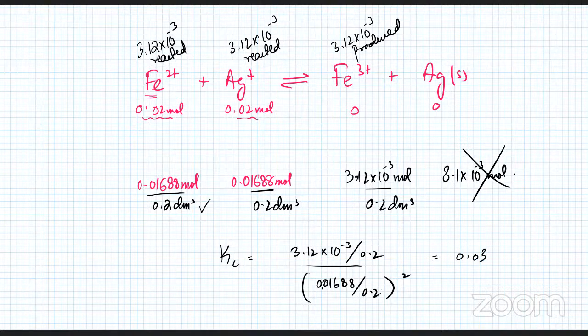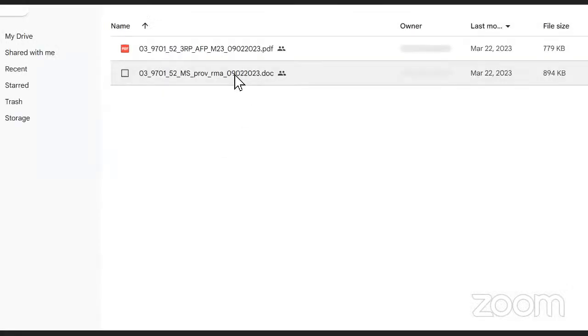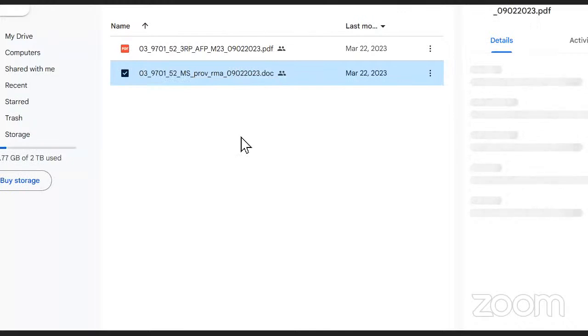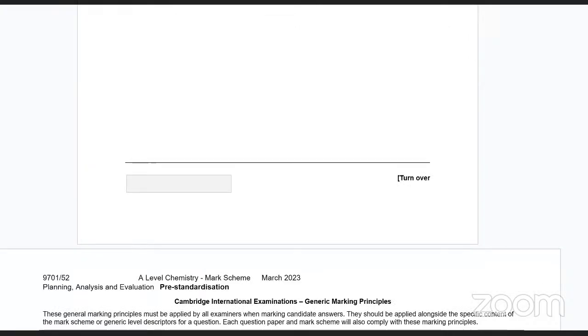So Kc is 0.034. Okay, that's our value for Kc, and let me just check what this value is.